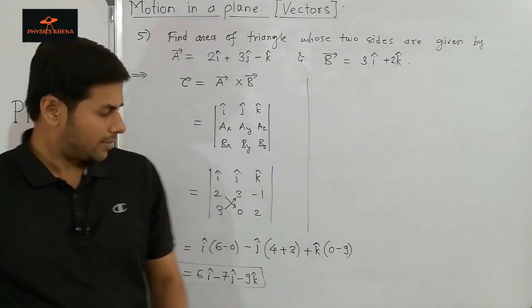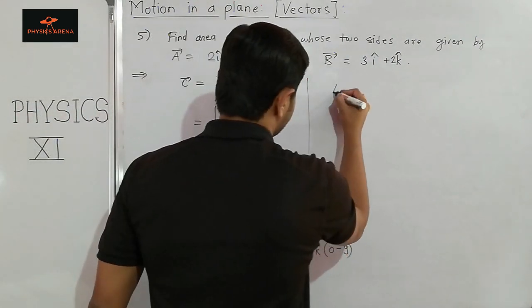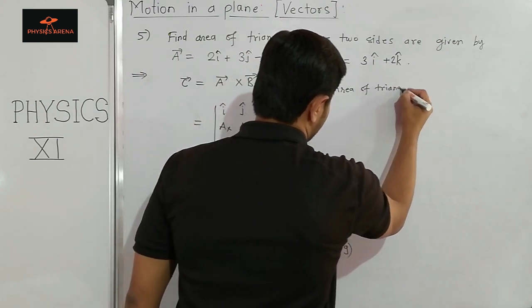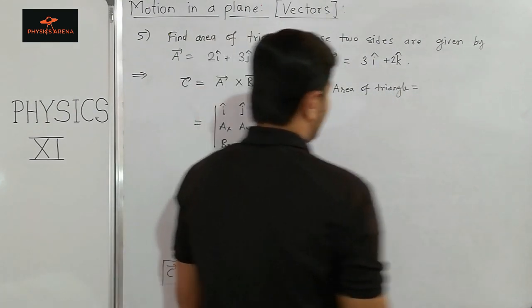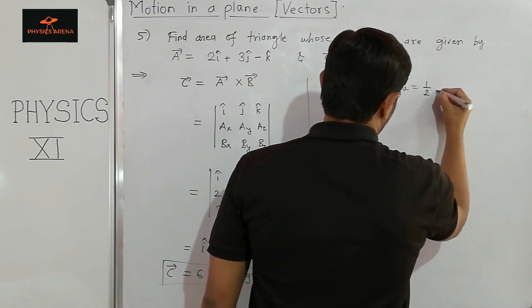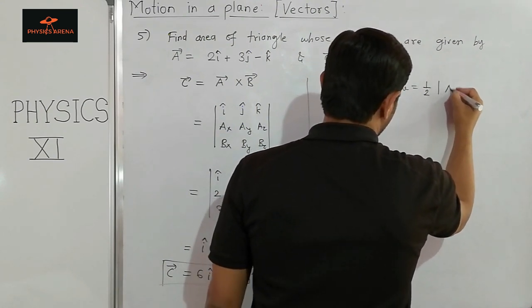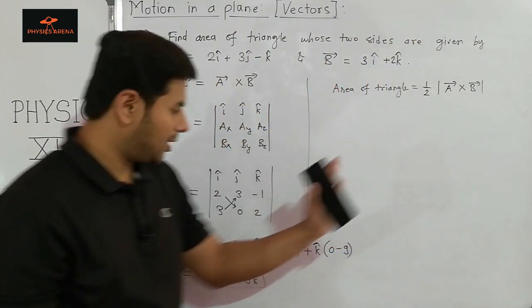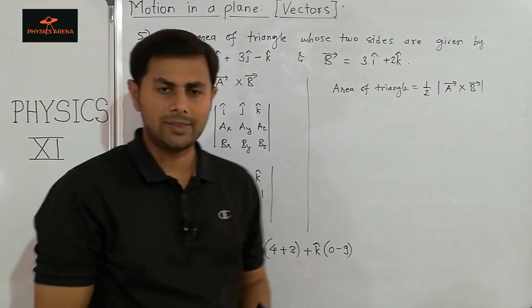And the area of the triangle equals half of the magnitude of a bar cross b bar, that is half of the magnitude of c bar, because a bar cross b bar is c bar.